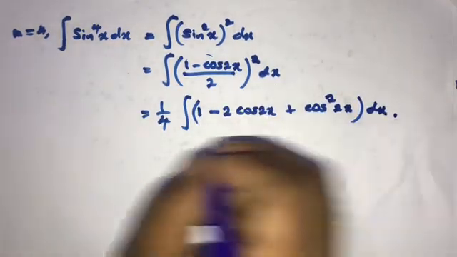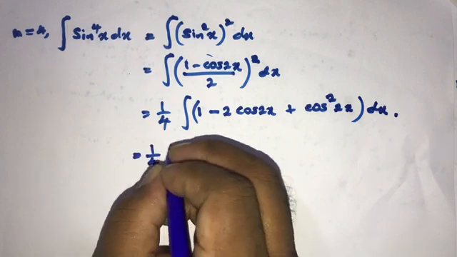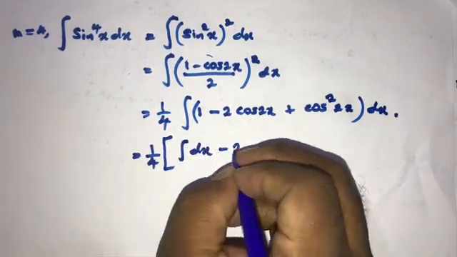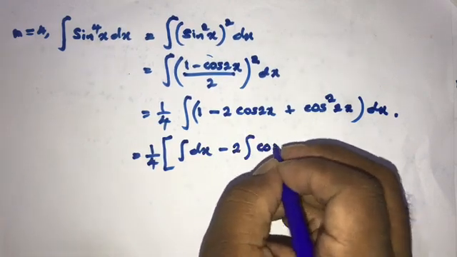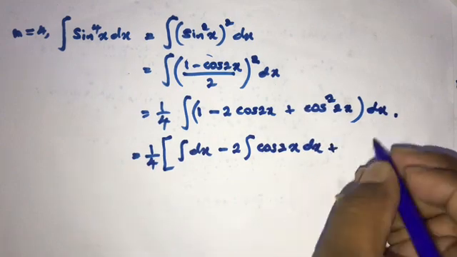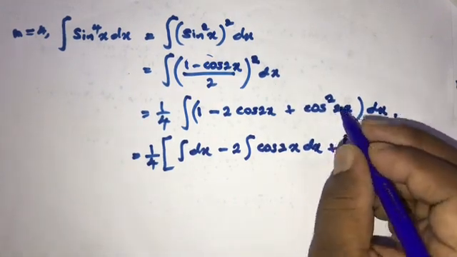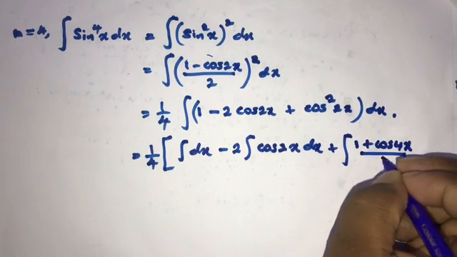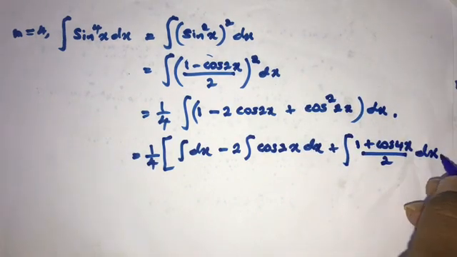Now we can write 1 over 4 times the integral of dx, minus 2 times the integral of cosine of 2x dx, plus the integral of cosine squared 2x dx, which is equal to (1 plus cosine of 4x) over 2 dx.